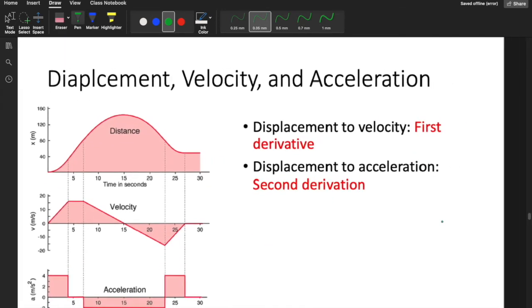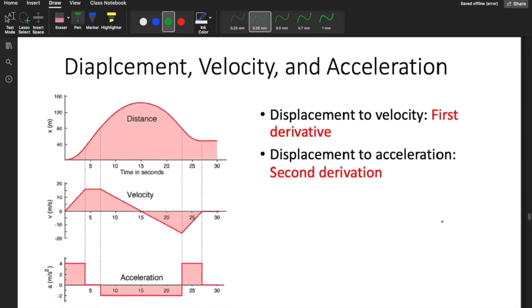Alright, so for those of you who has learned calculus, displacement to velocity will be the first derivative, and displacement to acceleration is second derivative. So why is that? If you wanna have displacement to acceleration, you will convert displacement to velocity first, and then convert velocity to acceleration, right?